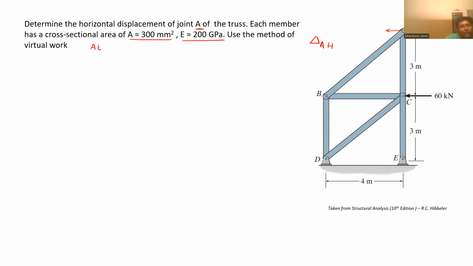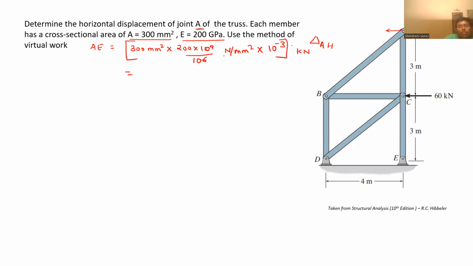So we can directly find AE will be 300 mm square into 200 into 10 power 9 Newton per meter square. Convert it into mm square. So Newton per mm square into 10 power minus 3 will give you the whole value in kilonewton.